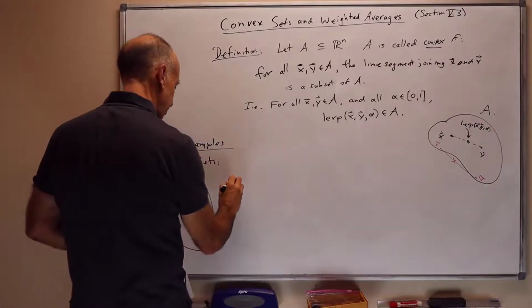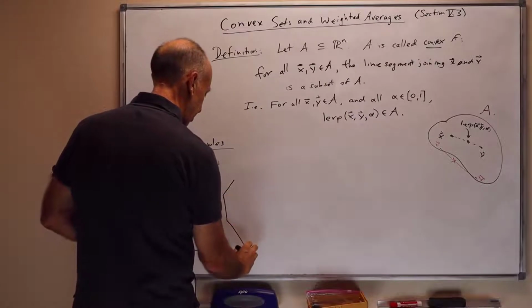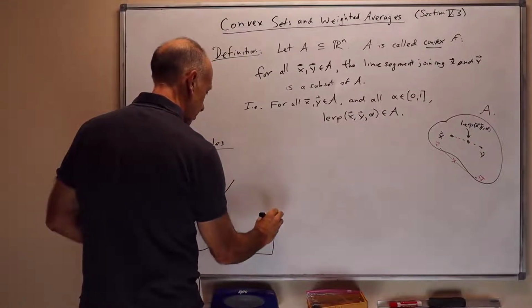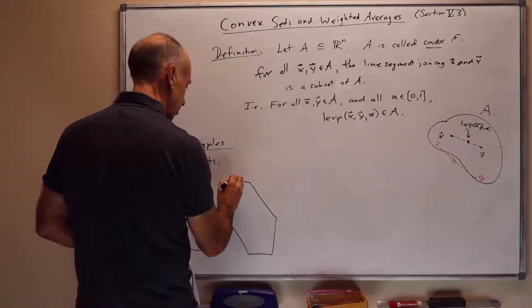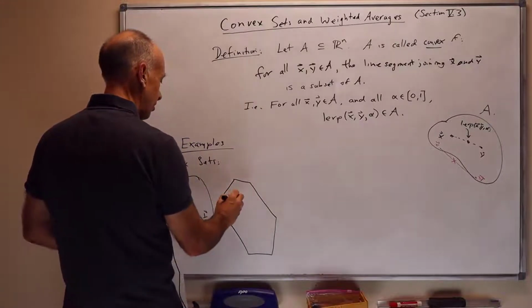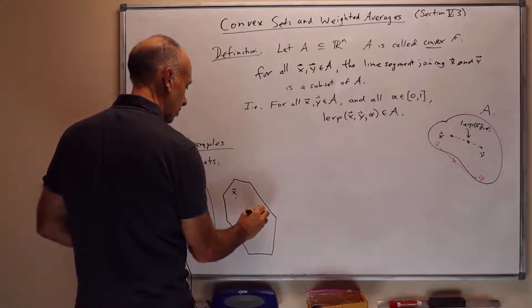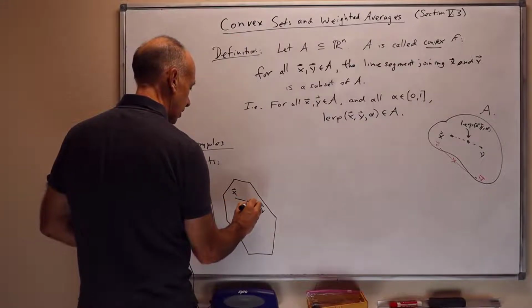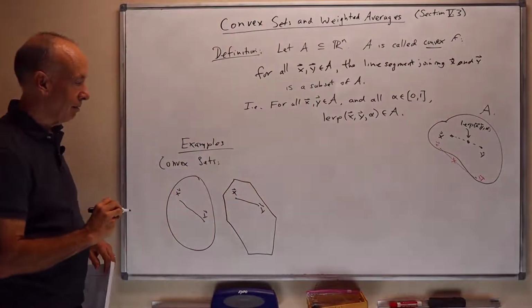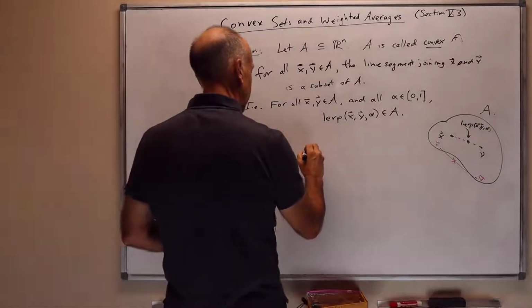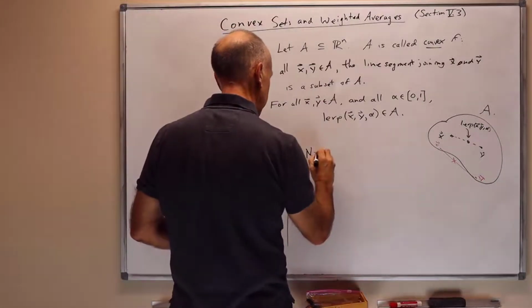Or some sort of polygonal object where there's no place that A dents in. So this is also convex because, again, you take any 2 points x and y, the line segment joining them is a subset.